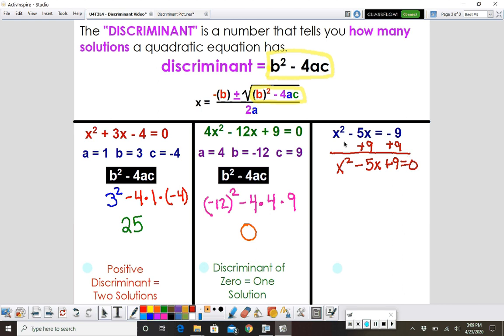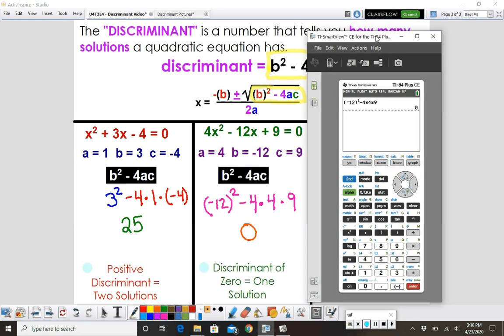Okay, and then we're going to identify our a, b, and c values. So a is 1, b is negative 5, c is 9. We're going to look at our formula, and now we're going to plug in. So my b squared is negative 5 squared, minus 4 times a, which is 1, times c, which is 9.